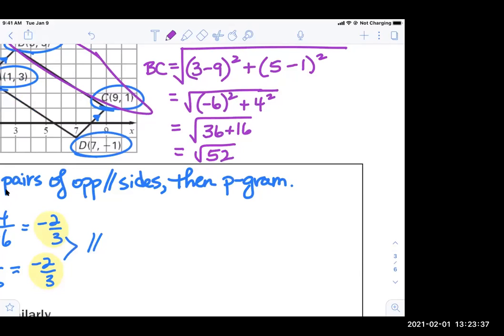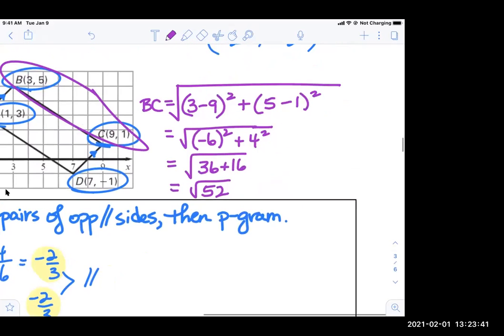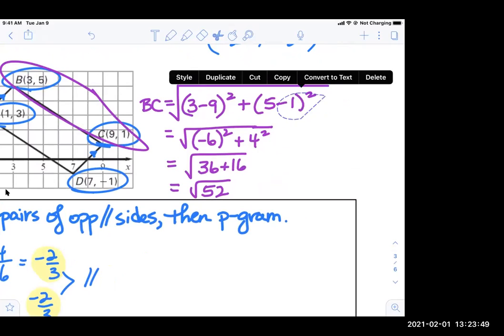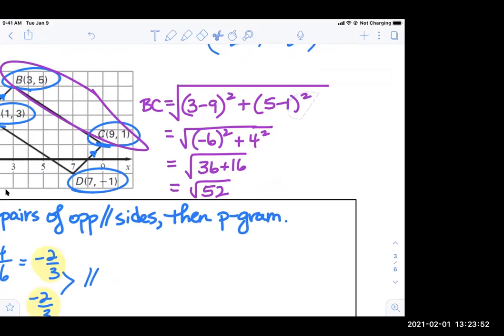Sadie, can you simplify that for me? Give me a second, please. 52 is even, right?